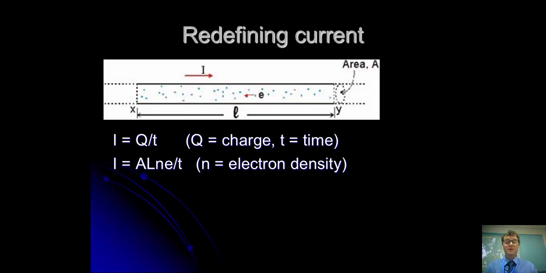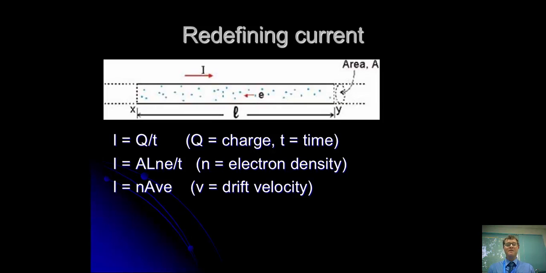So we're going to call something the electron density, which is n, and for that I'm going to work out the total volume, so that's area times length, times the density, that gives me the number of electrons, multiplied by the charge of an electron, which is obviously e. So therefore I've reconfigured what Q is. Q equals ALne.